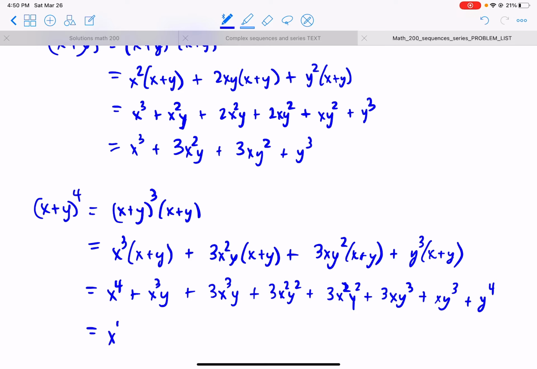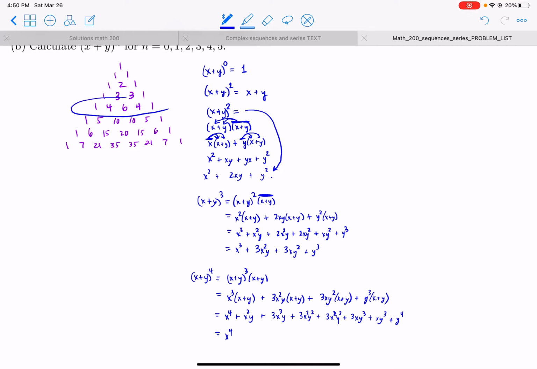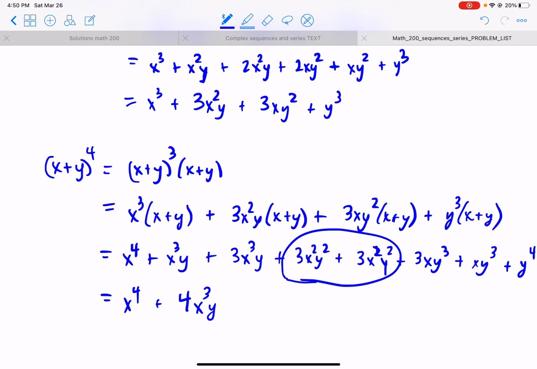I have 1 x to the fourth, and then 1 plus 3 is 4. 1 plus 3 of the x to the third y terms come together and give me 4x to the third y. 3 plus 3 gives me 6 of the x squared y squared terms.